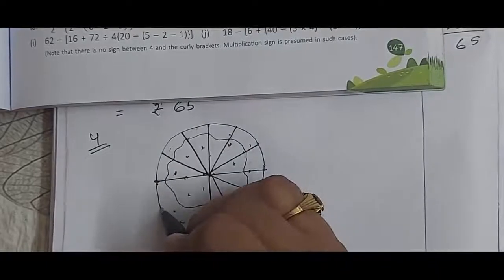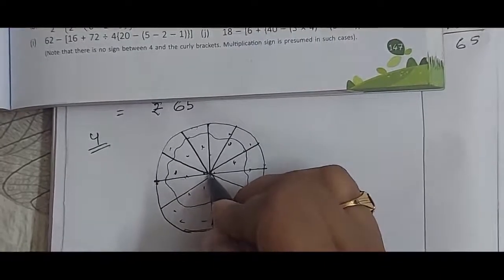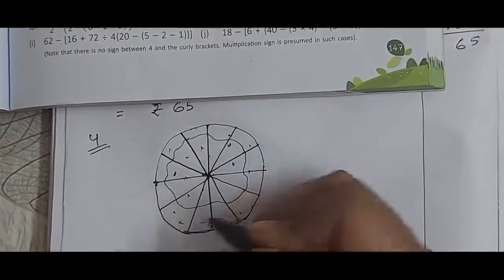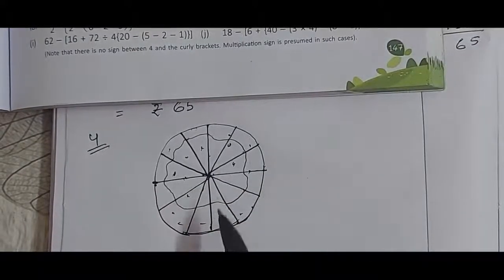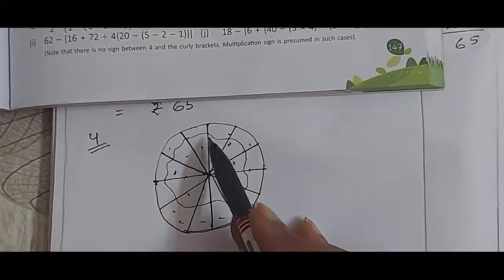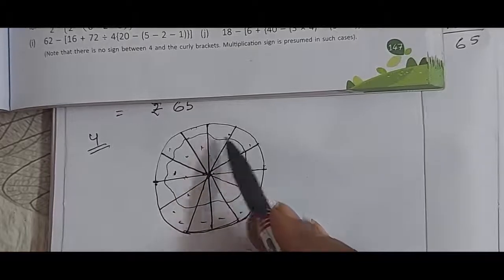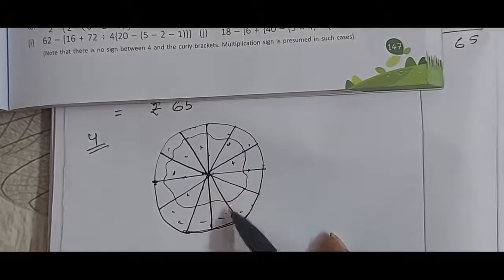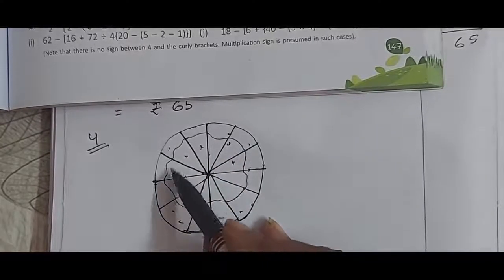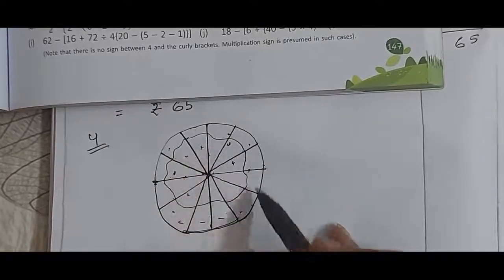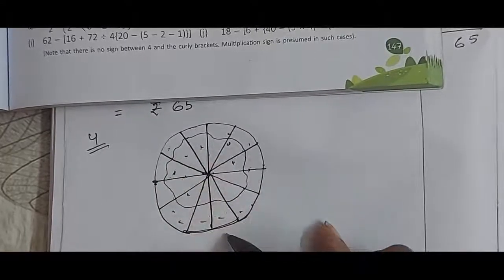This is your 11 and this is your 12. So you can count from any one point. Suppose we are counting 1, 2, 3, 4, 5, 6, 7, 8, 9, 10, 11, 12. So total 12 spokes we have made on the pizza.